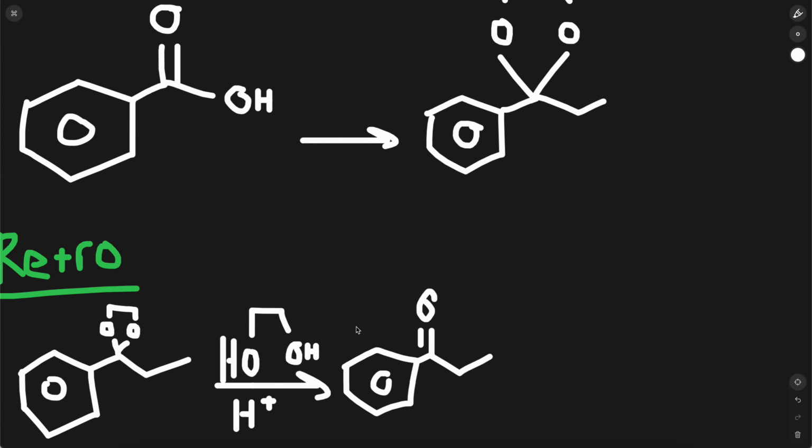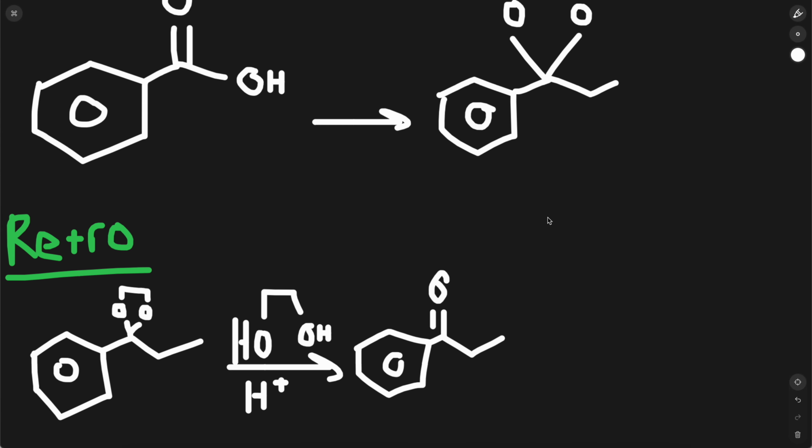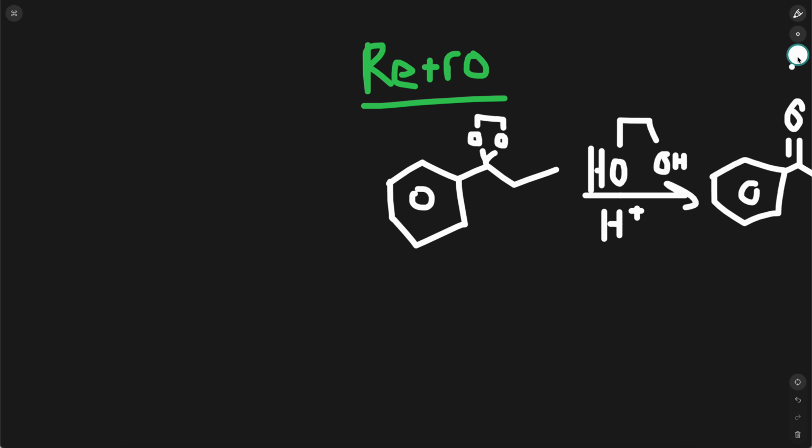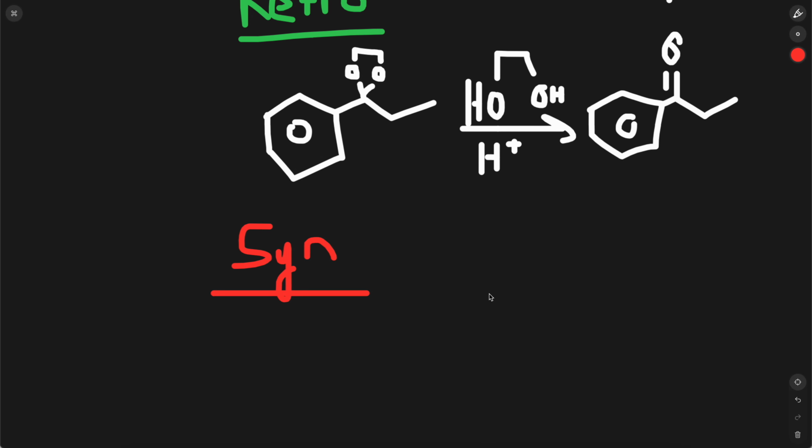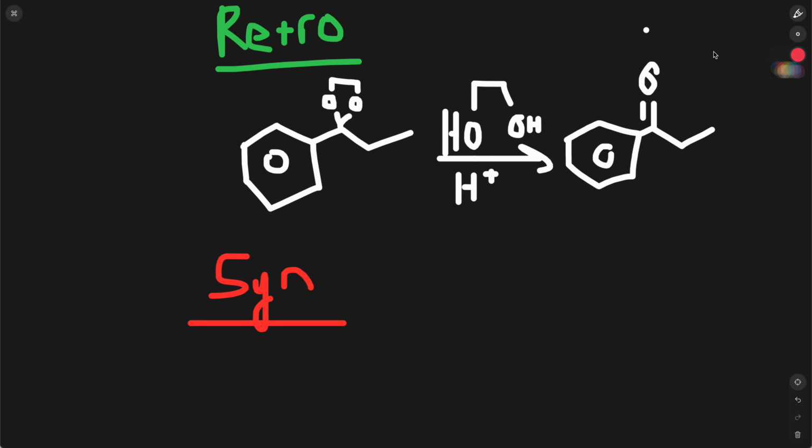So this is about where the retrosynthesis ends, because the next steps can be kind of tricky, but you need to just think forwards. So we'll think in the synthesis direction. How can we make a ketone from a carboxylic acid?